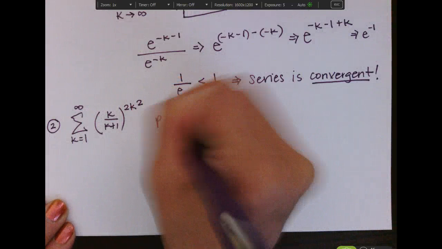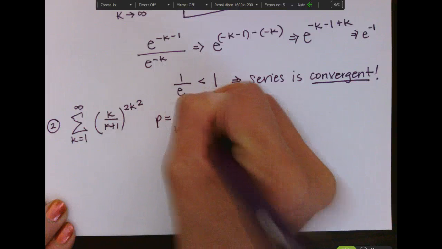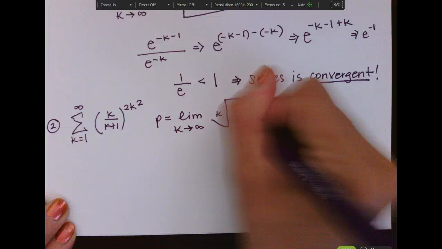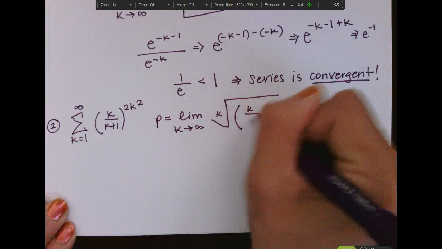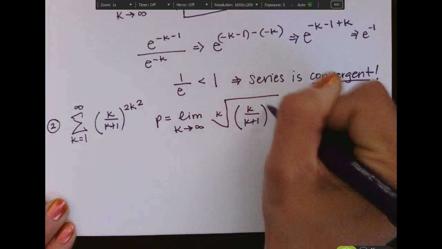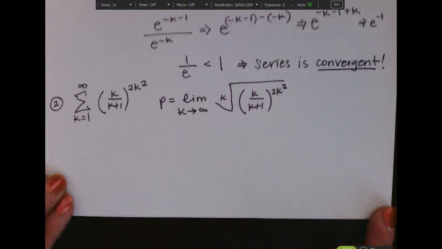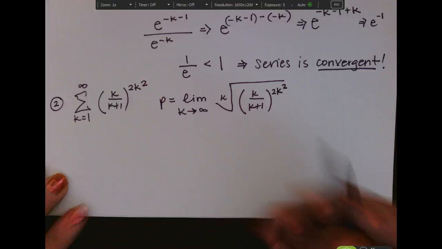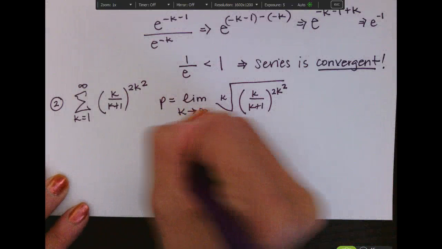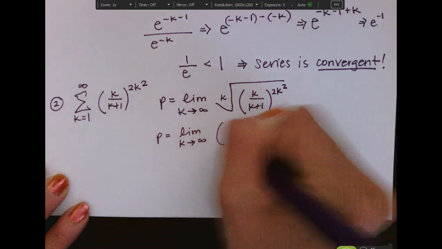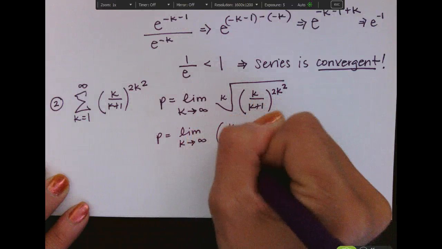Okay, so p is going to be the limit as k approaches infinity of the kth root of this expression. There's a lot of simplifying I want to do here before I even begin to take the limit. First of all, remember that the kth root is equivalent to the 1 over k power.